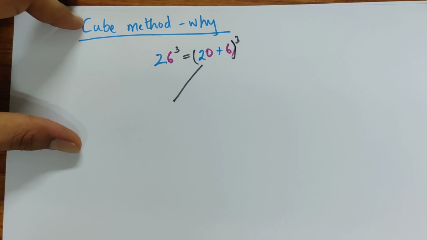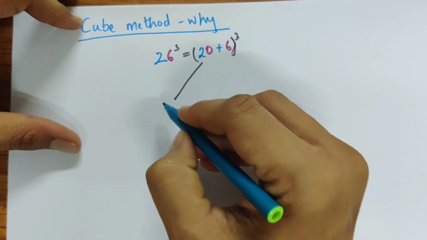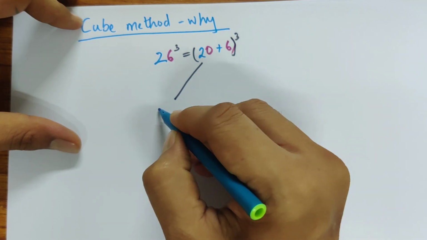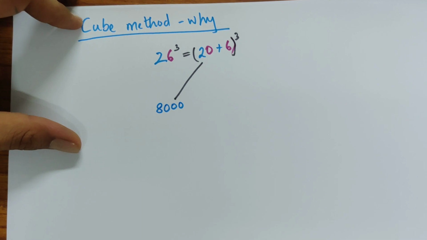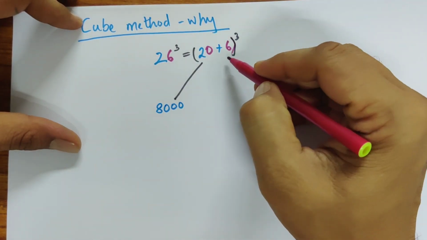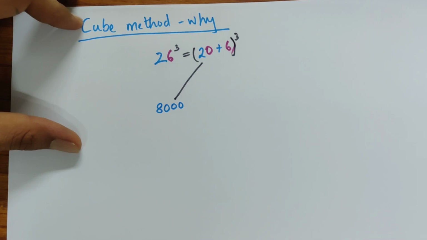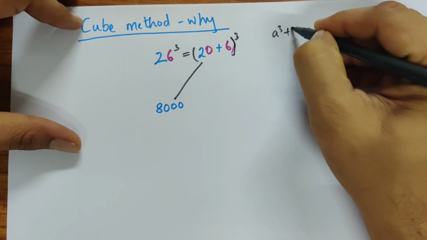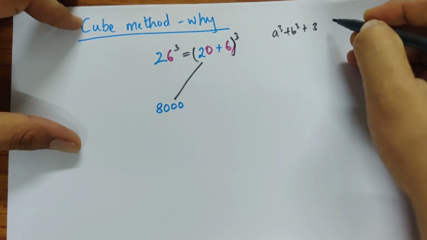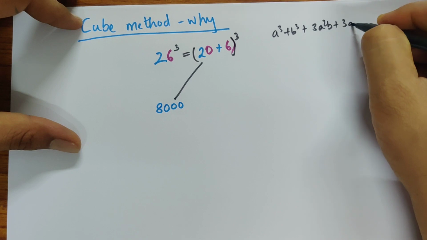Now I'm not really going to distinguish between the colors too much, except 2 cube is 8, so this is 8,000. The next term is, I'm going to take a cube plus b cube. The expansion I'm going to use is a cube plus b cube plus 3 times a squared b plus 3 times a b squared.